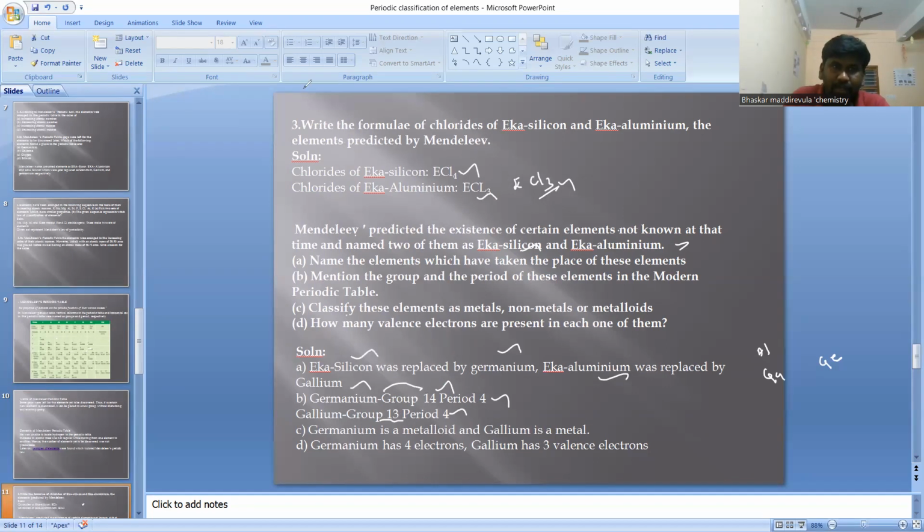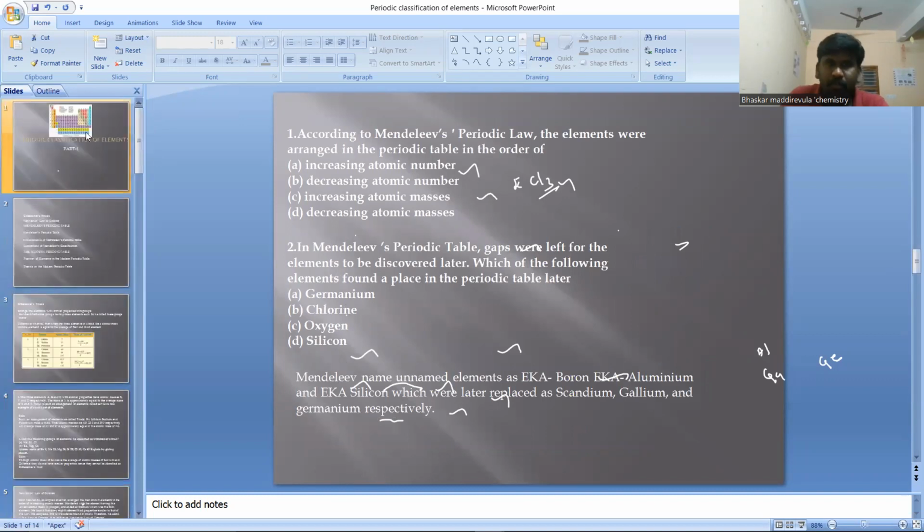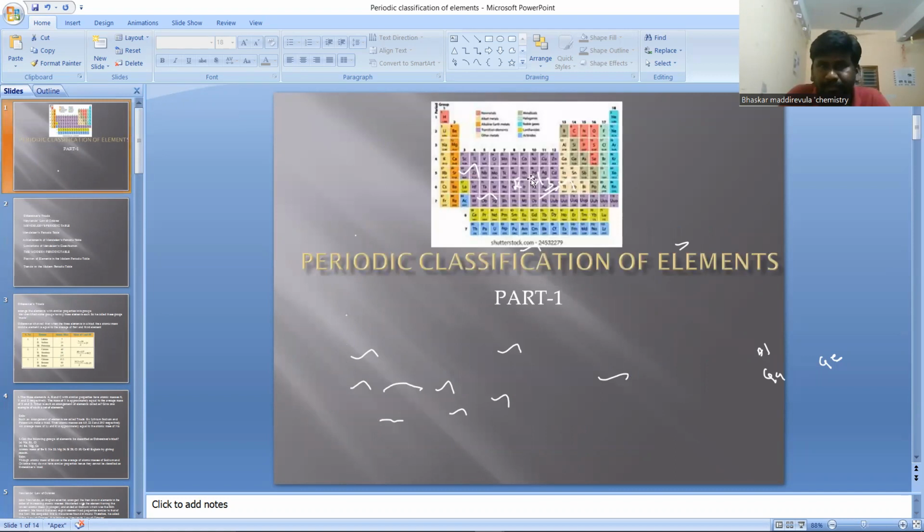I'll show where it is. When you see the modern periodic table, here you can see the elements.